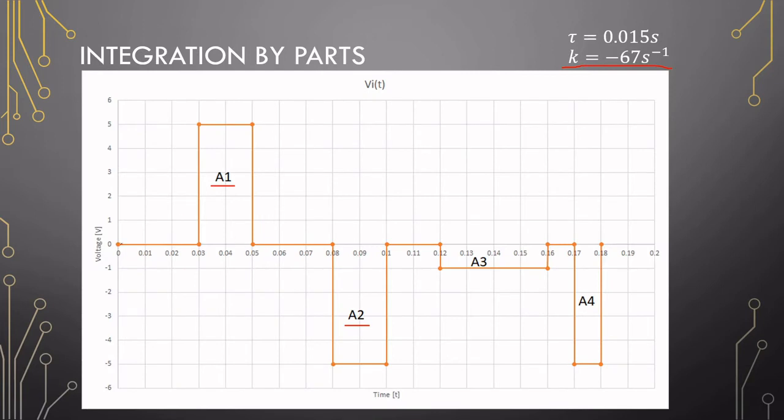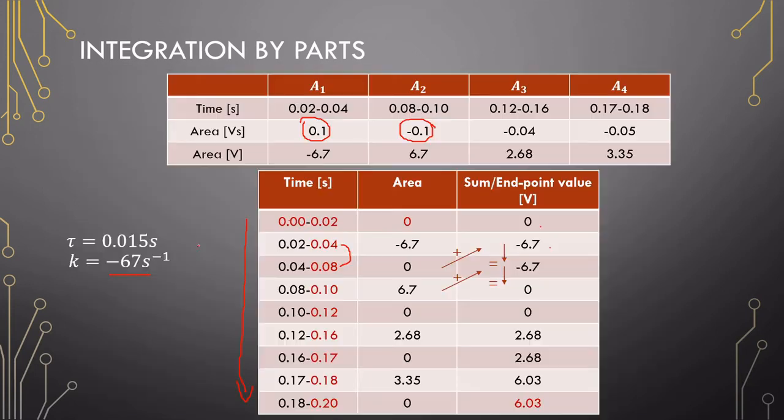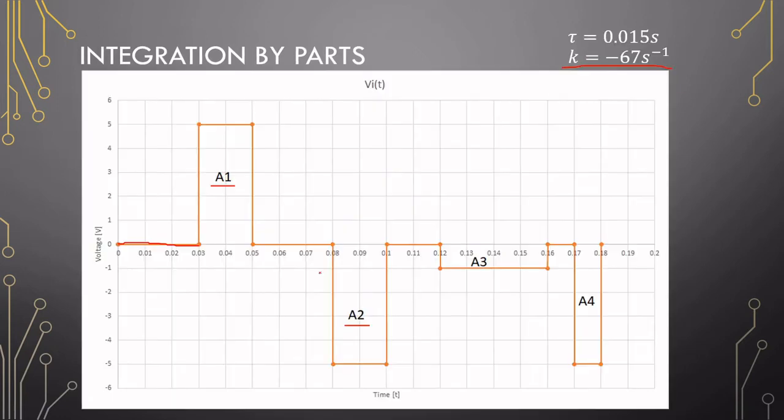Okay, so basically our output would remain 0 for this first part, and then it should decline to minus 6.7 here at 0.04. Okay, so our endpoint is minus 6.7.